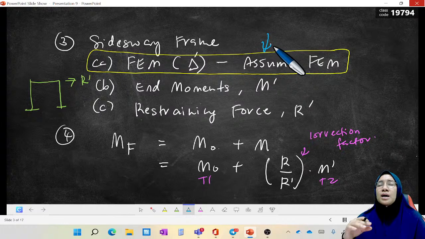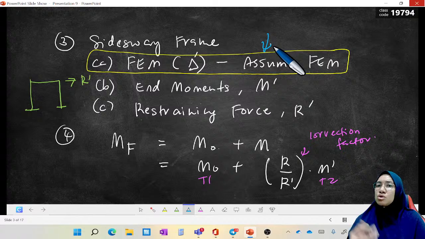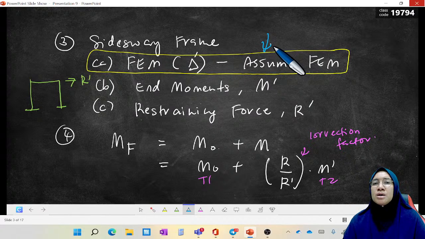So in my next video, I will focus only on step 3A. I want everyone to understand what is inside step 3A: how to assume FEM, how to find the ratio.